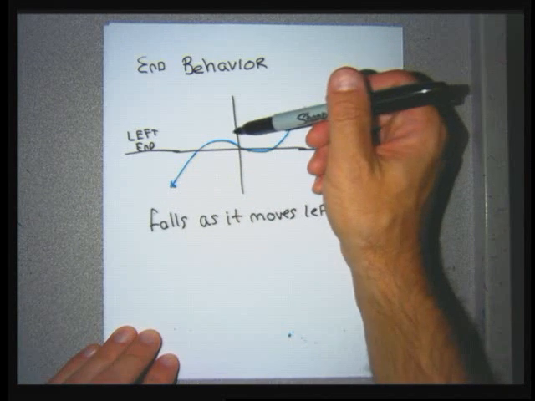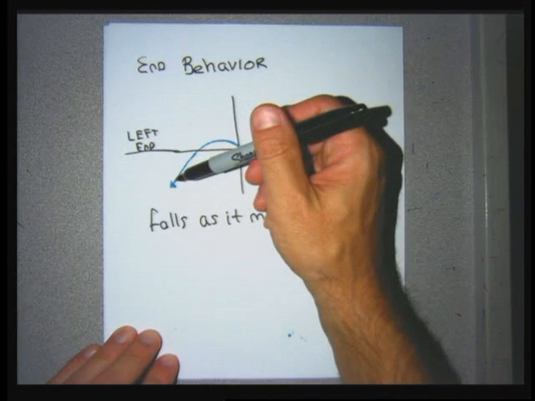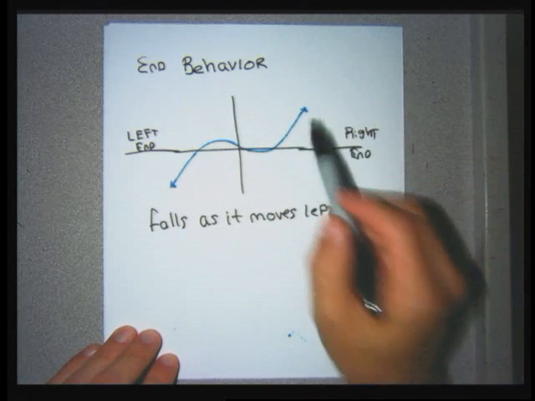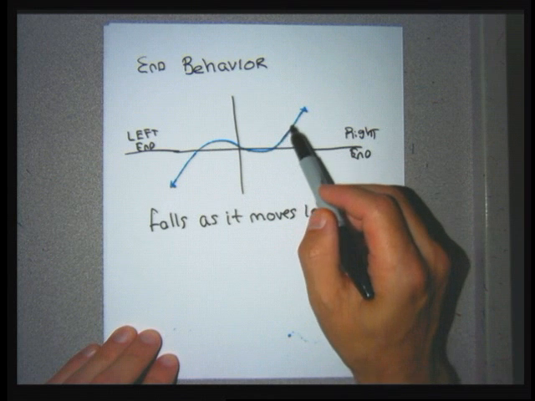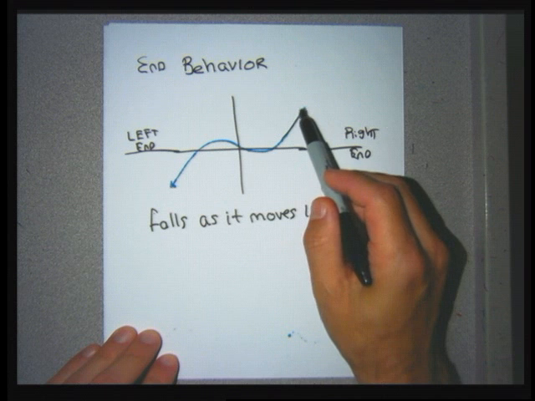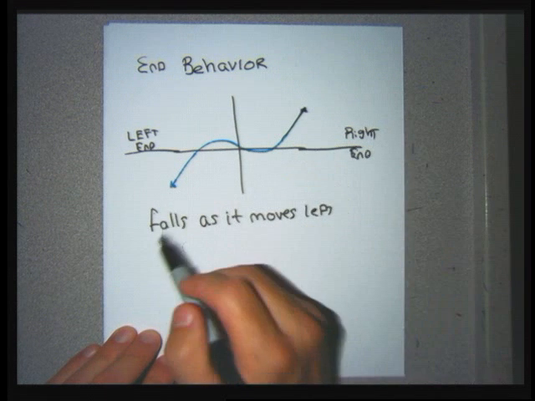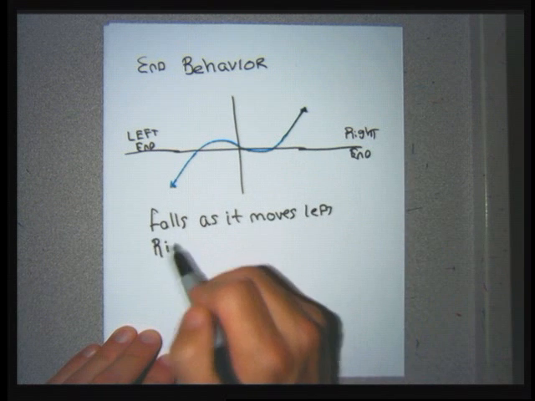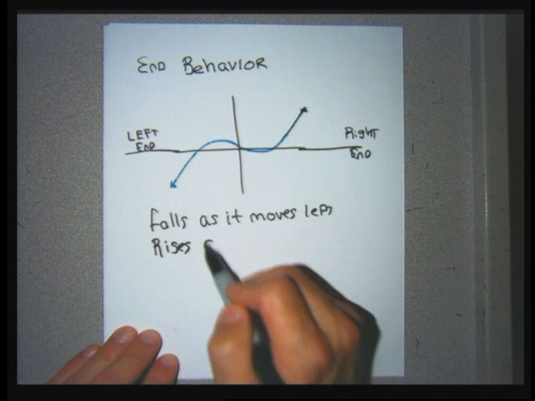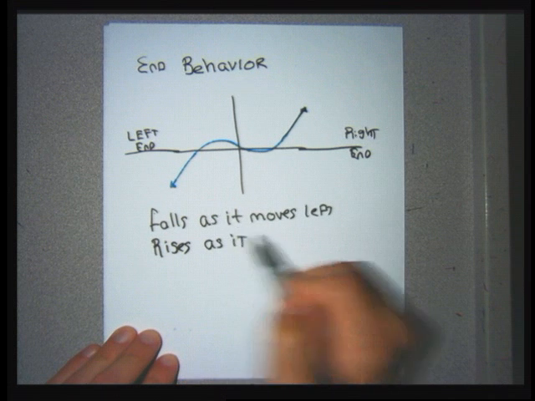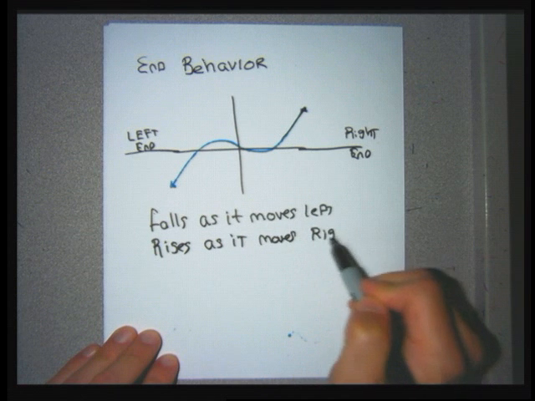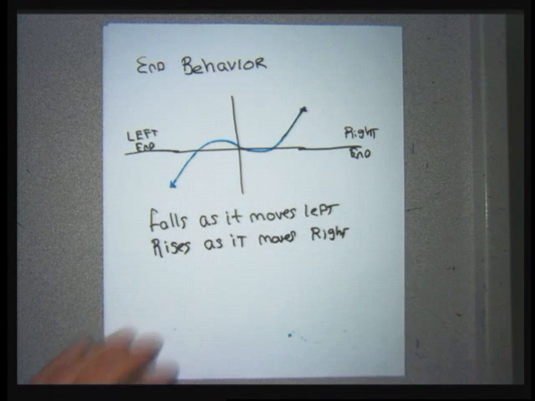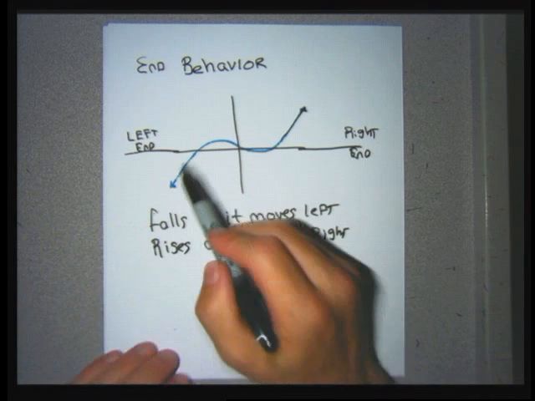And as opposed to getting higher, it's getting lower, we say it's falling. For the right side of the graph, if I was tracing to get to the right end of the graph, as I'm tracing, I have to go higher. So I would say this graph rises as I move to the right.